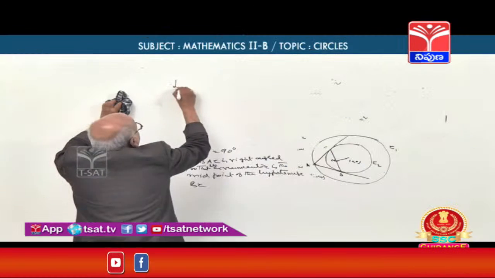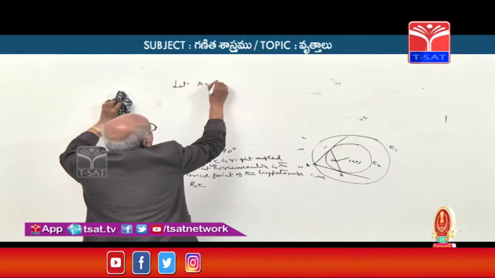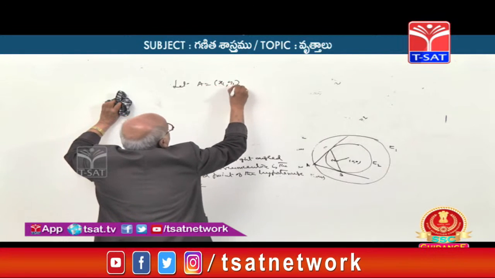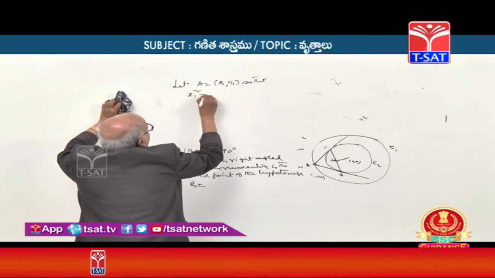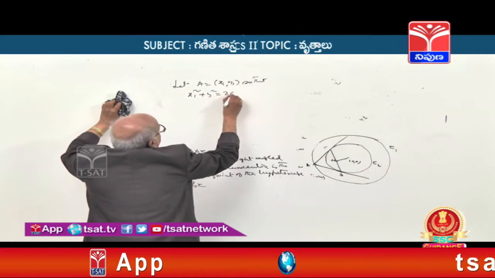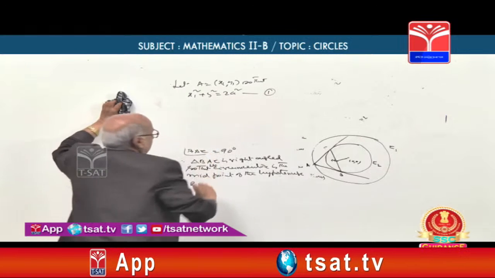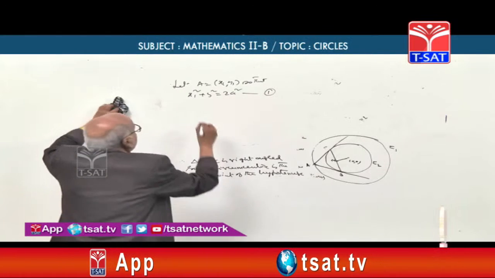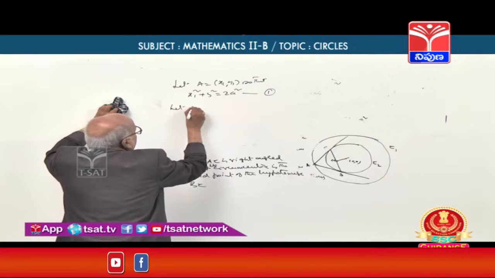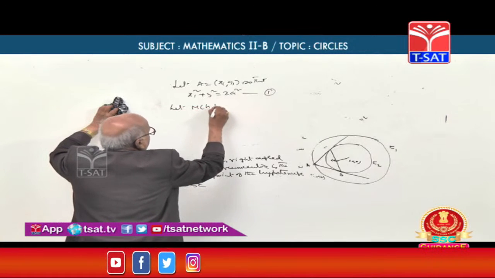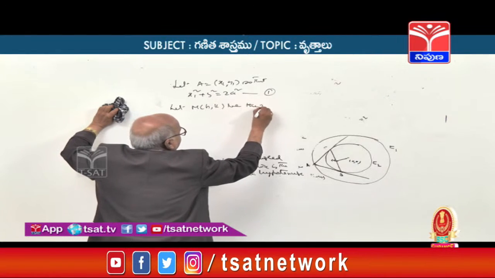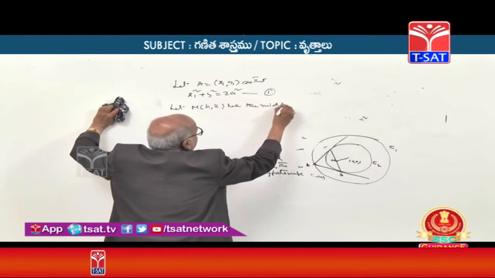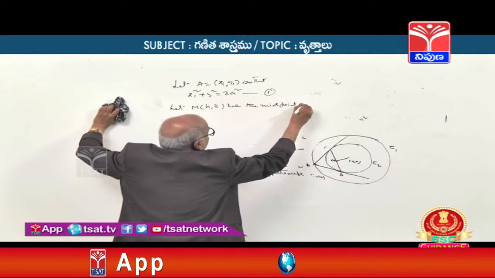Right. Now, let A be x1, y1, so that x1 square plus y1 square is equal to 2a square, number 1. Now, let M(h, k) be the midpoint of BC.